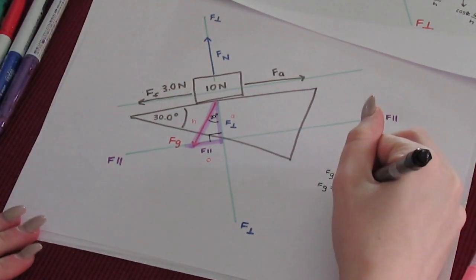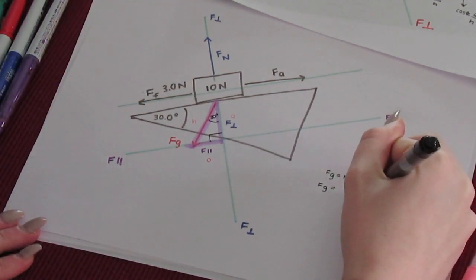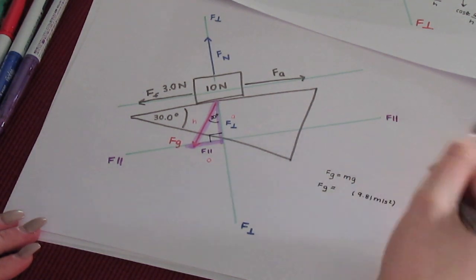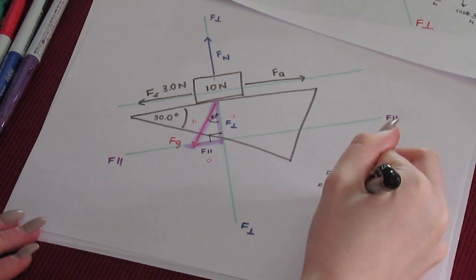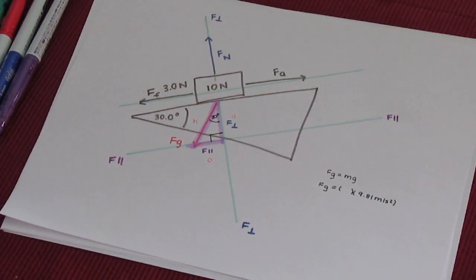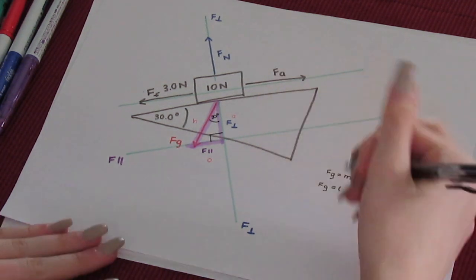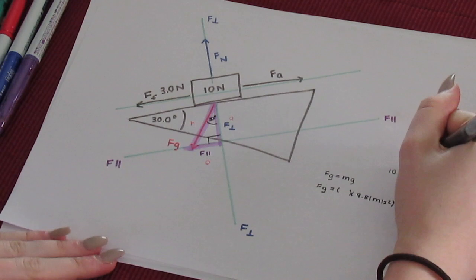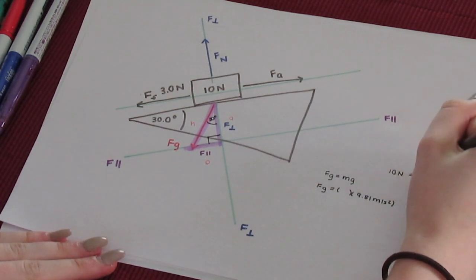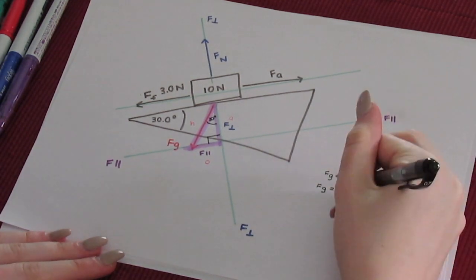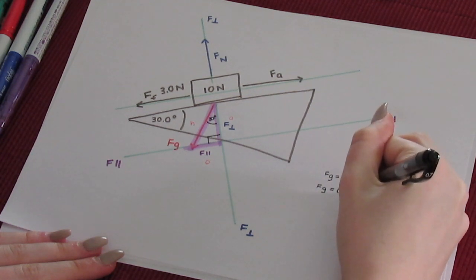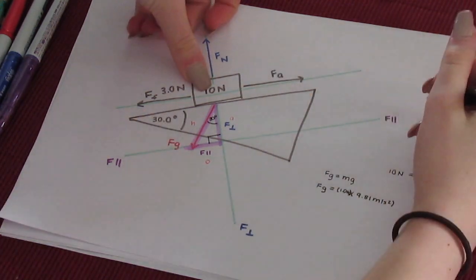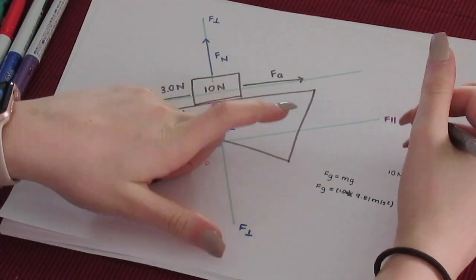So the gravity is 9.81 and your mass of the object is, so 10 newtons is equal to 1.0 kilograms.